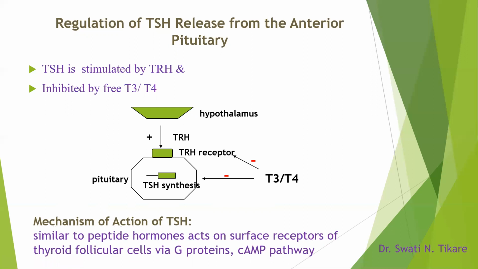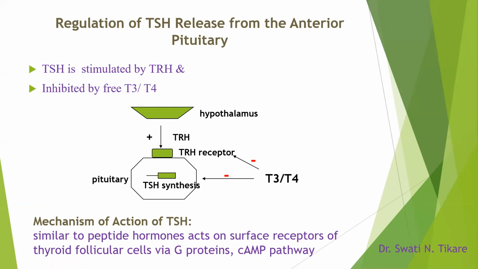How does this TSH act? You know TSH, like all anterior pituitary hormones, is a peptide hormone. If it is a peptide hormone, it is hydrophilic, that is, it can't cross the plasma membrane, right? So what is the receptor here? What is the target organ for TSH? The target organ is the thyroid gland.